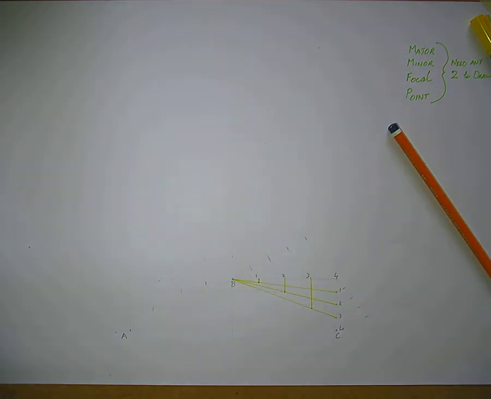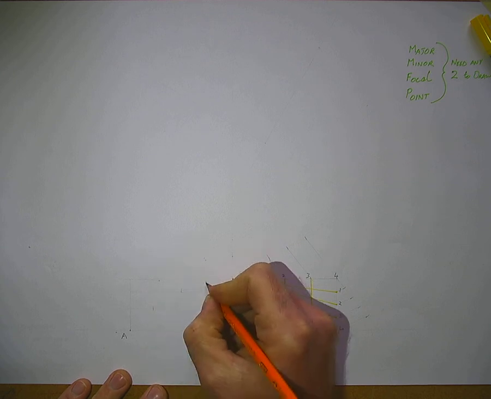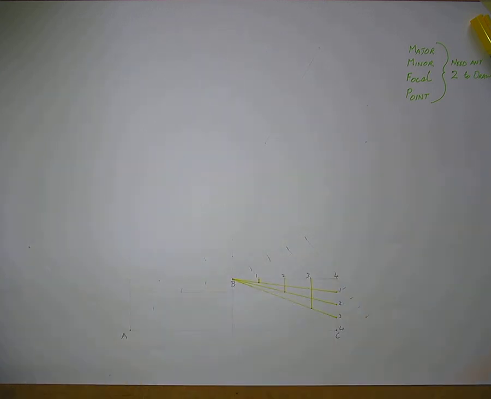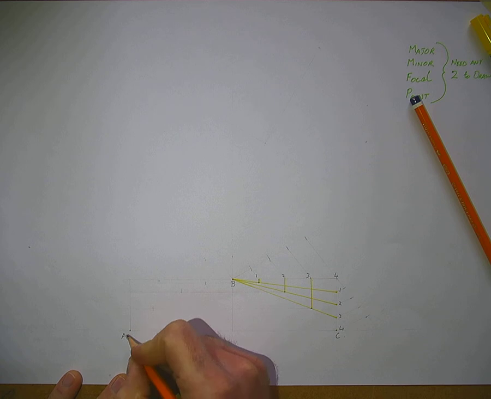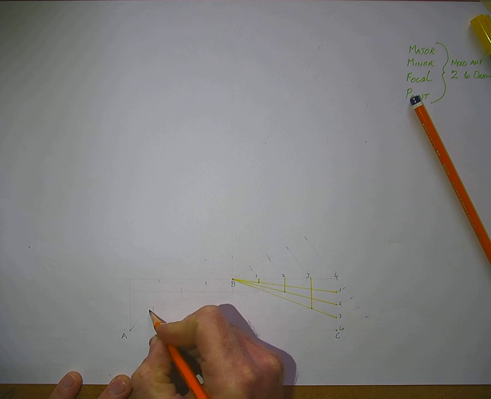Okay, and there's our point on the other side then. From here you can use your flexicurve to draw this in if you like, or if you're capable and practiced, you can use a freehand method as well.